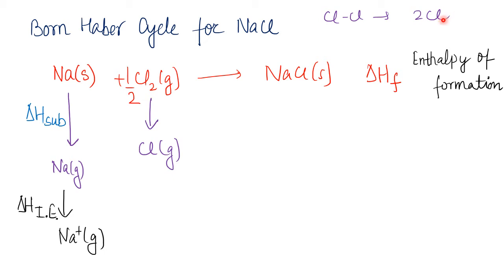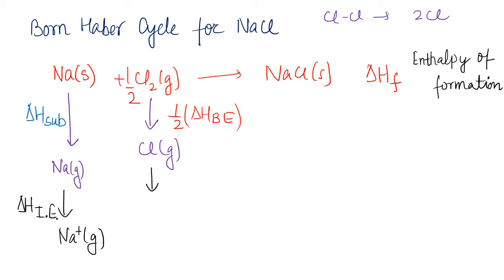If we need only one Cl atom, we need to break half of the molecule, so we put half of the bond enthalpy. Using a full bond enthalpy would give two Cl atoms, but to make NaCl we need only one Cl atom, so we use half of the bond energy.